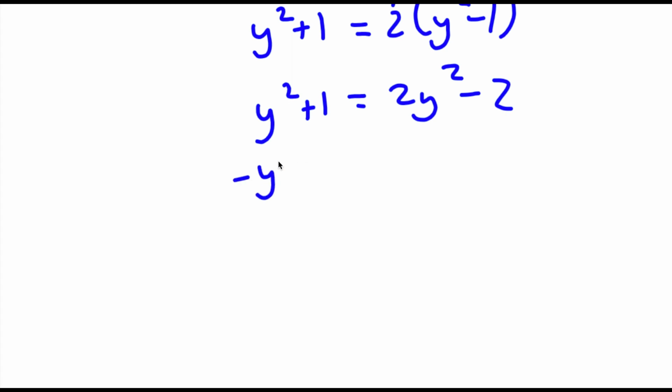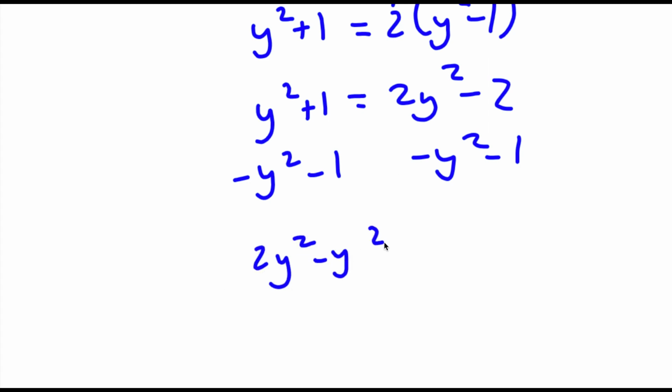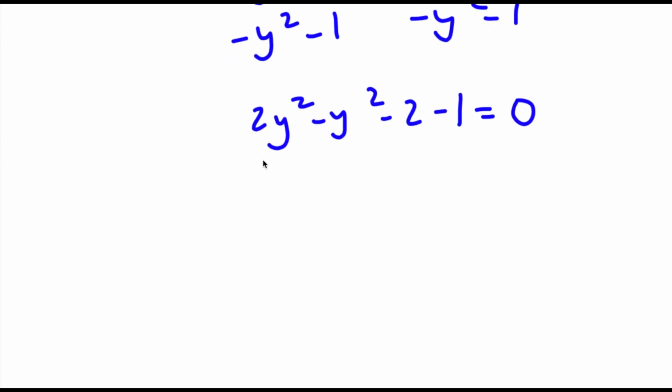Now I can subtract y squared and 1 on both sides. So now I get 2y squared minus 2 minus 1 is equal to 0. 2y squared minus y squared is y squared, and negative 2 minus 1 is negative 3, so I have y squared minus 3 is equal to 0.